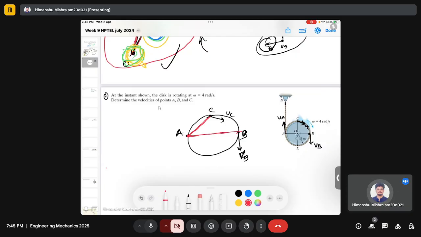You can see both this vector and this vector are meeting here. So this is my instantaneous center, about which point C and point B exhibit pure rotational motion. So this is RC with respect to A and this is RB with respect to A. And we need to identify this vector.